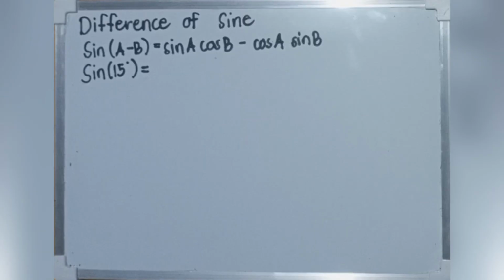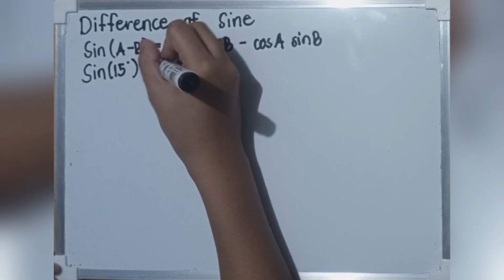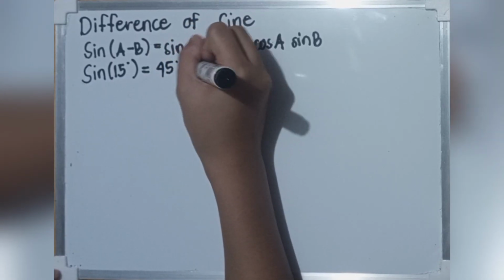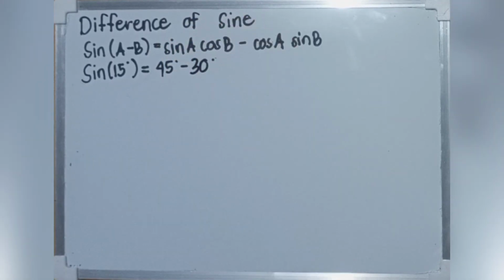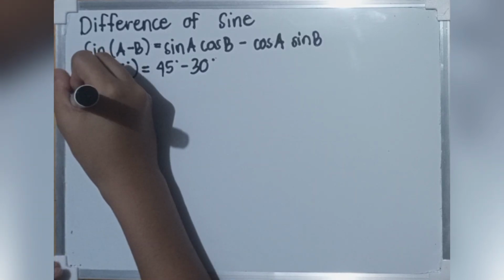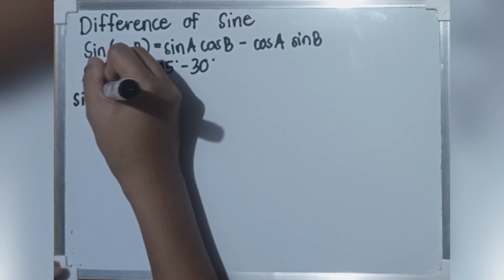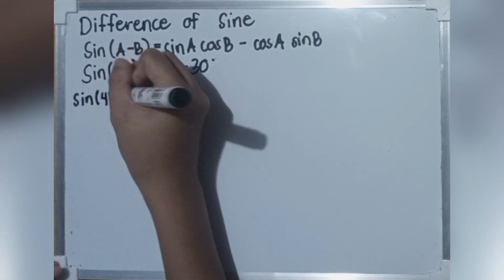So the difference of sine has a formula of sine (A minus B) equals sine A cosine B minus cosine A sine B. So right here we have sine 15 degrees. So same, you just have to identify two angles that would have a difference of 15 degrees. So right here we have 45 minus 30 degrees. Then let's substitute it to the formula.